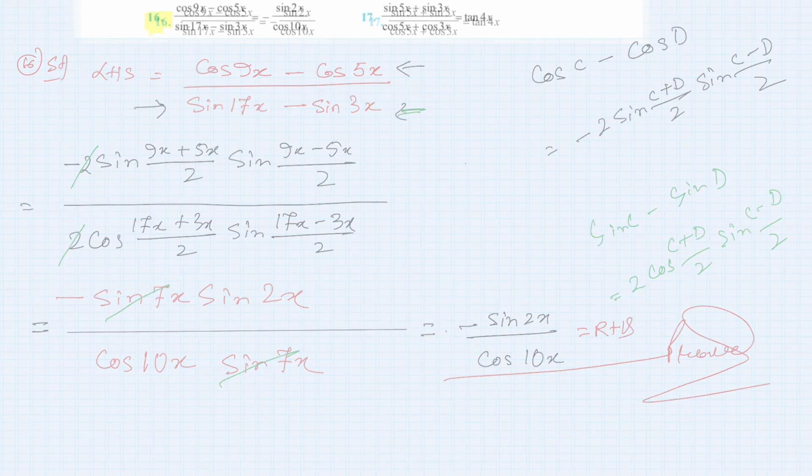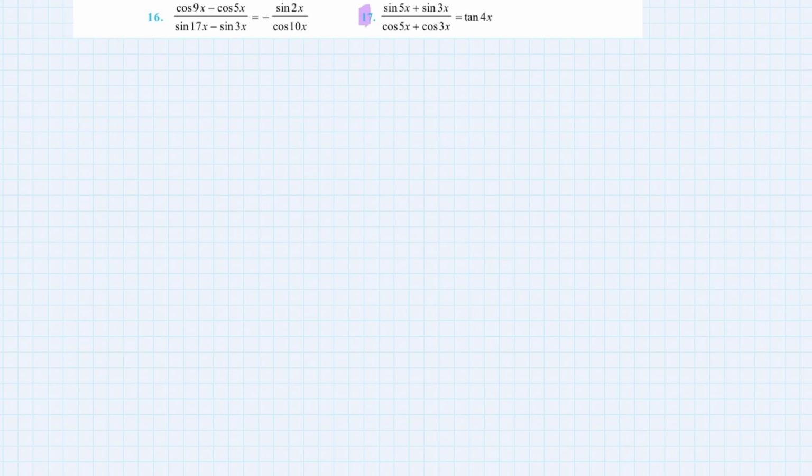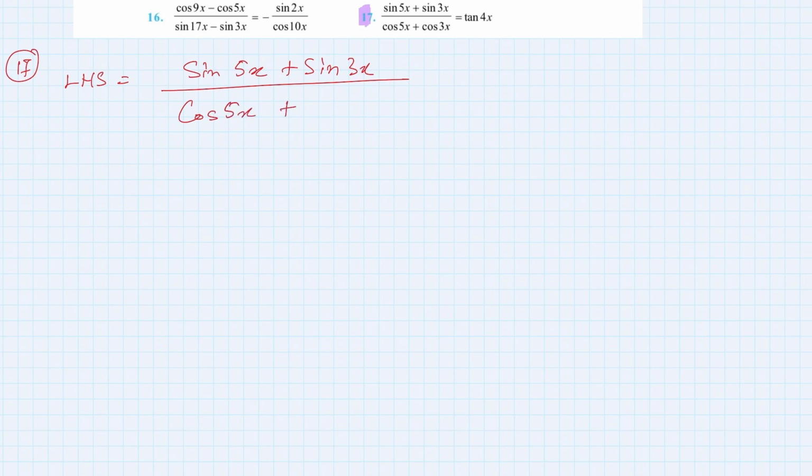Now let me show you how to solve question number 17. Let us write the left hand side first, that is sin 5x plus sin 3x by cos 5x plus cos 3x, and we have to show it is equal to tan 4x.